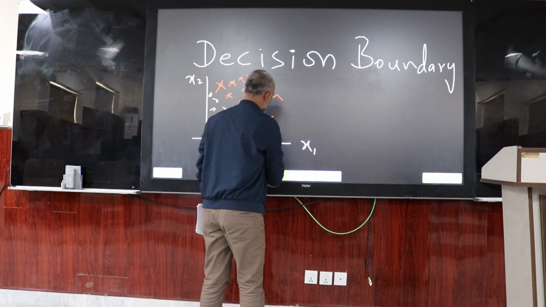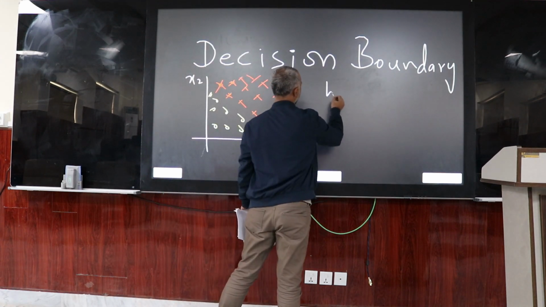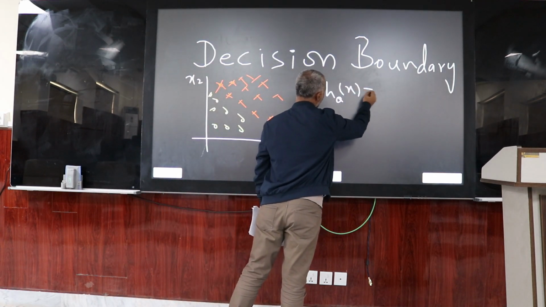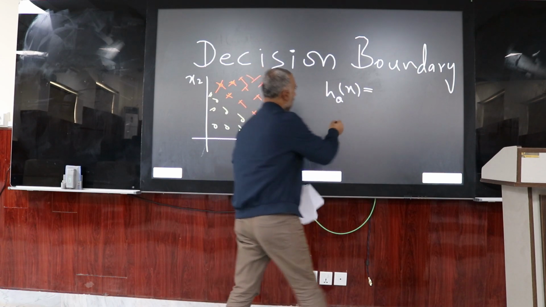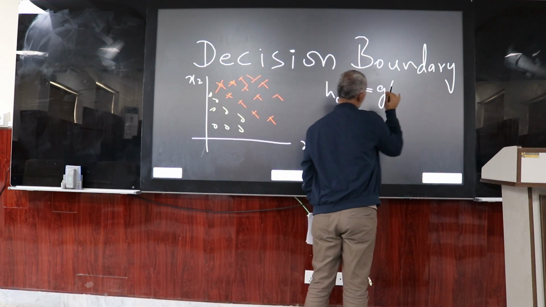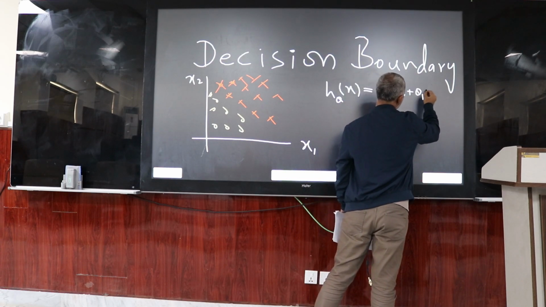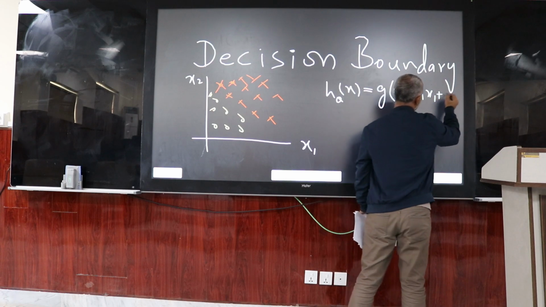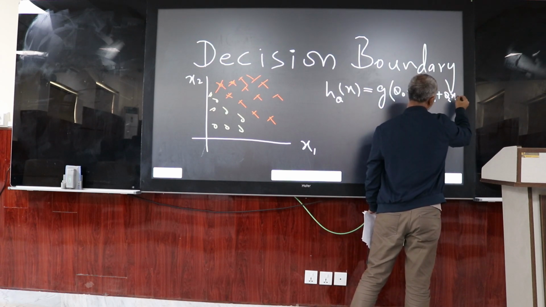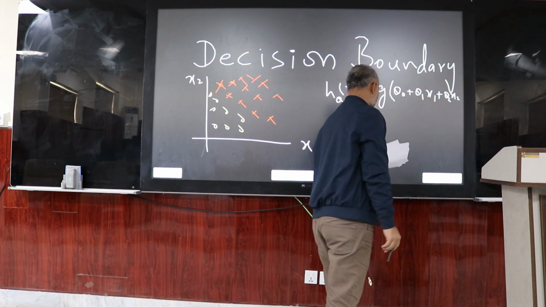Of course, we need to consider some kind of hypothesis function. According to our knowledge, this hypothesis function can be composed of various weight parameters: theta naught plus theta 1 x1 plus theta 2 x2.